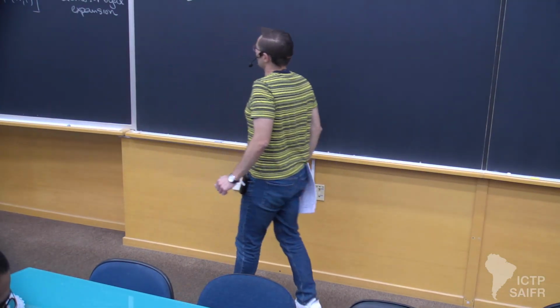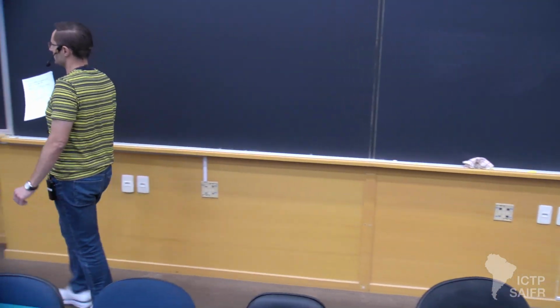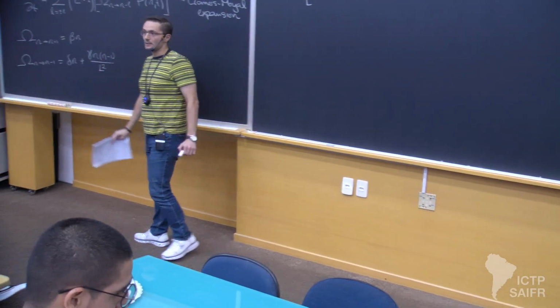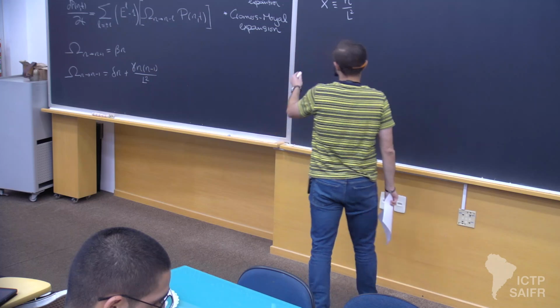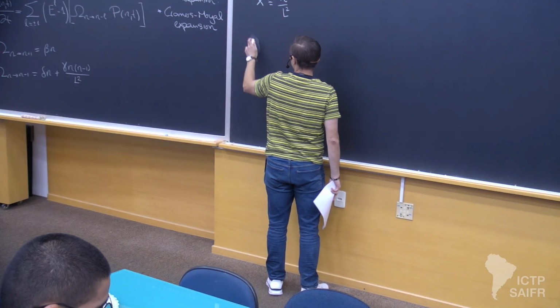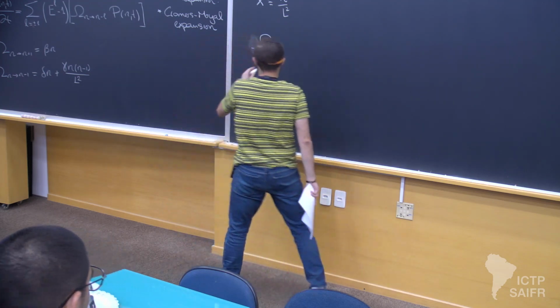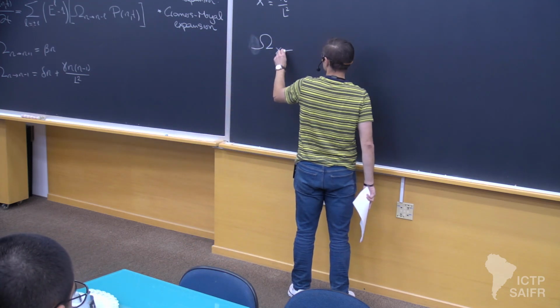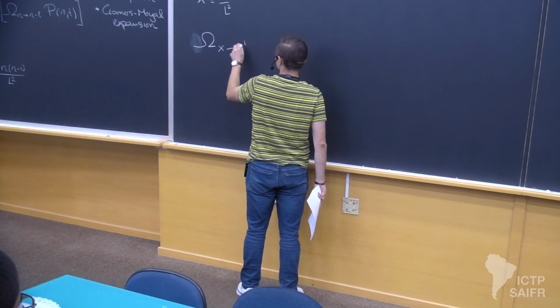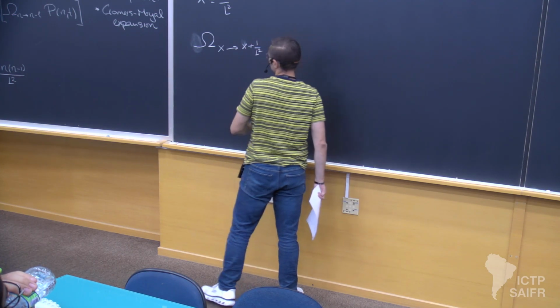I am defining this density, and the next thing that I can do is write my transition rates in terms of densities instead of in terms of number of particles. So now my transition rates, instead of going from n to n plus minus 1, are going to go from x to x plus 1 divided by L squared.